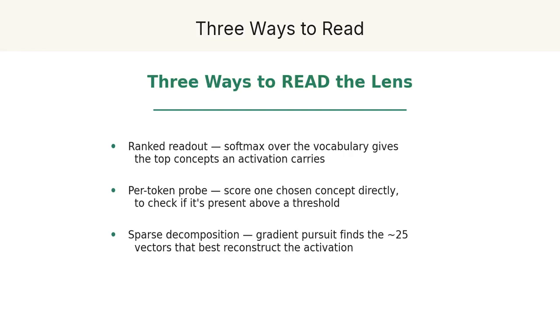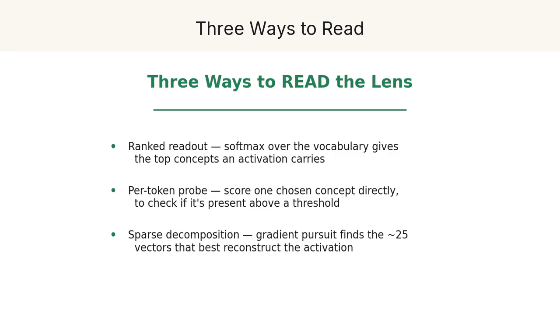Once you have the lens, there are 3 distinct ways to read a model's thoughts, and the paper uses all 3. The first is the ranked readout. Take the softmax over the whole vocabulary and look at the top concepts, the intuitive picture we've been showing. The second is a targeted probe. Instead of ranking everything, score one specific concept directly, which lets you ask a yes or no question.